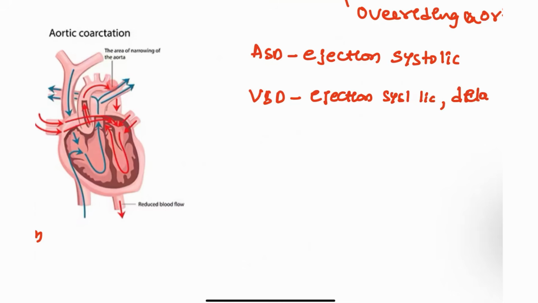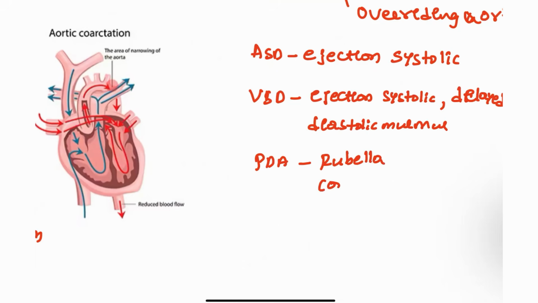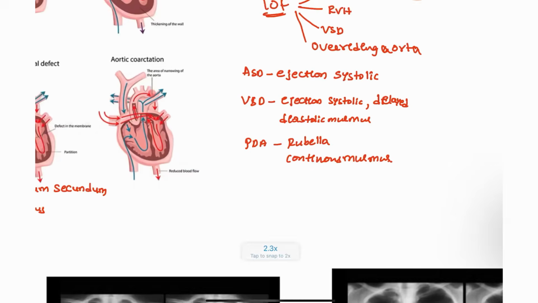Okay, delayed diastolic murmur. Next, PDA, patent ductus arteriosus, which is mostly associated with rubella syndrome. Okay, they are going to have a continuous murmur. And those are the important signs that you have to remember.